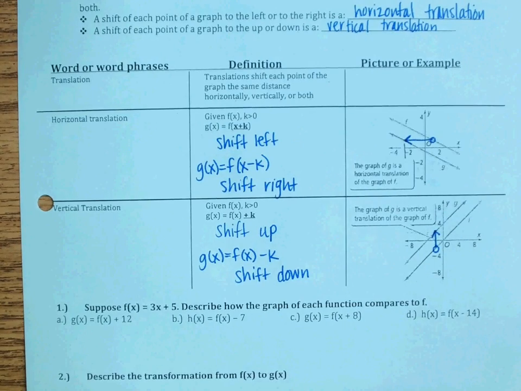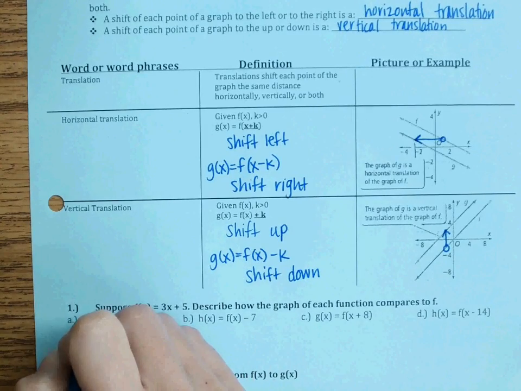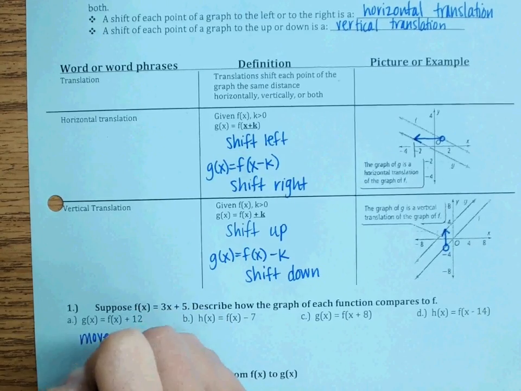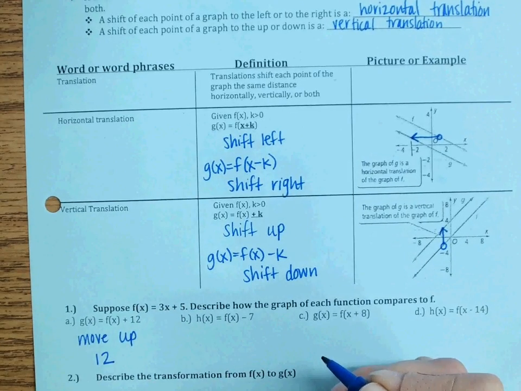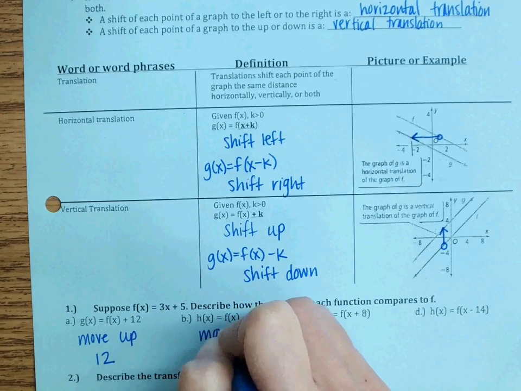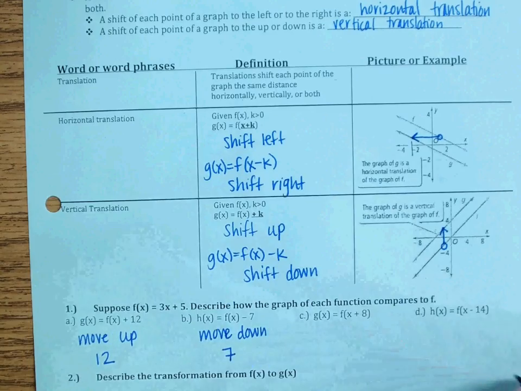Let's go ahead and practice some of these. For example number 1a, g of x is equal to f of x plus 12. This is going to be a move up, or shift up, 12. For b, this is going to be a move down 7.